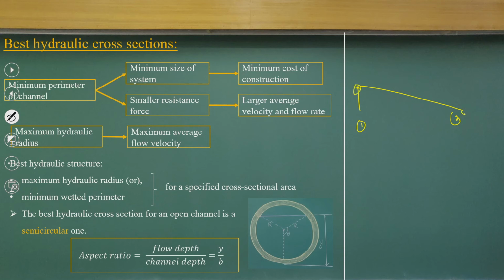So, the slope is more or less fixed, we cannot change it unless we put in drops and so on, but from point 1 to point 2, we have a constant slope.